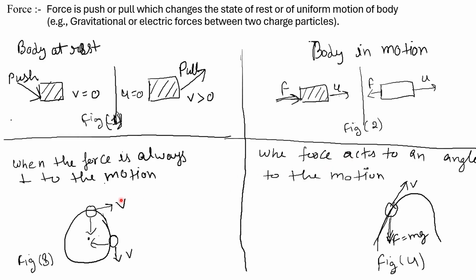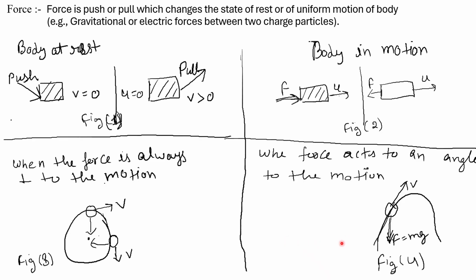Now next, we see when force is always perpendicular to motion, in which case the direction of motion only changes, not the magnitude, and motion is uniform circular.